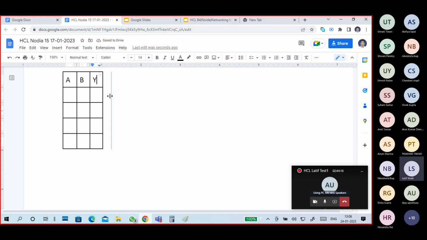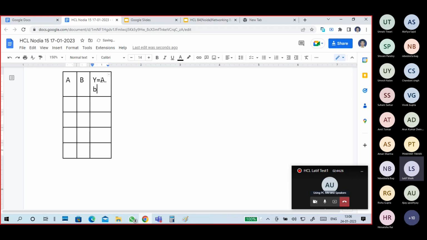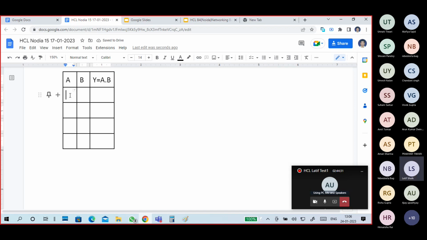Y is the output, A is the input, A dot B. That is the expression. So here it is, guys. Just simple to remember: any input is 0, output is 0.